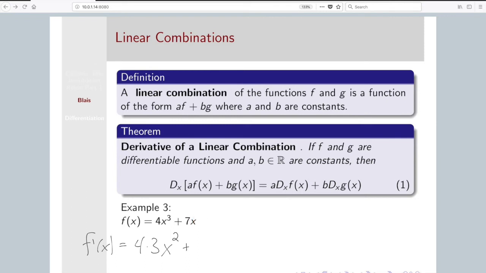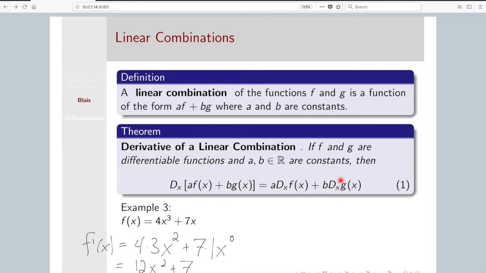So the 7 stays, and power rule says this is x to the 1 power, so that would be 7 times 1, x to the 0. So this is 12x squared plus 7, as x to the 0 would be 1. Pretty naturally feeling process there.